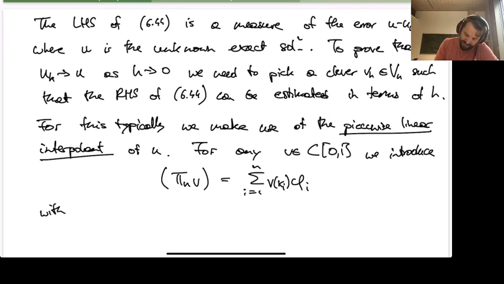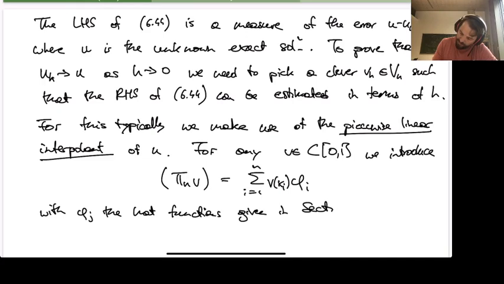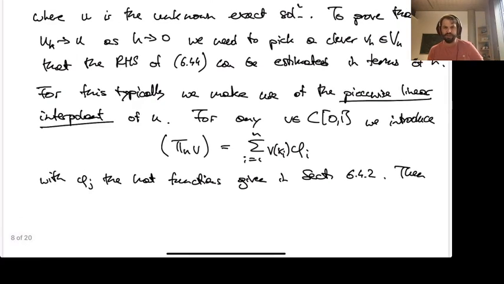With phi j, the hat functions given in section 6.4.2. So first of all, obviously it's a linear combination of, it's spanned by the basis functions of Vh. So clearly pi h of v is in Vh.